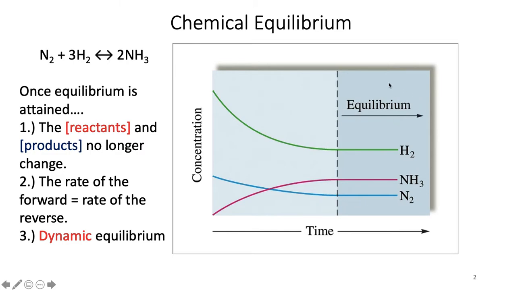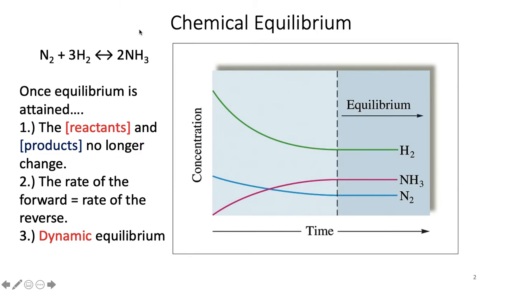This is what we call an equilibrium state for the reaction, where once equilibrium is attained, the concentrations of my reactants and my products are no longer changing, or they appear not to change, which means that the rate at which the reaction is proceeding in this direction is the same as how fast the reverse reaction is proceeding in the opposite direction.